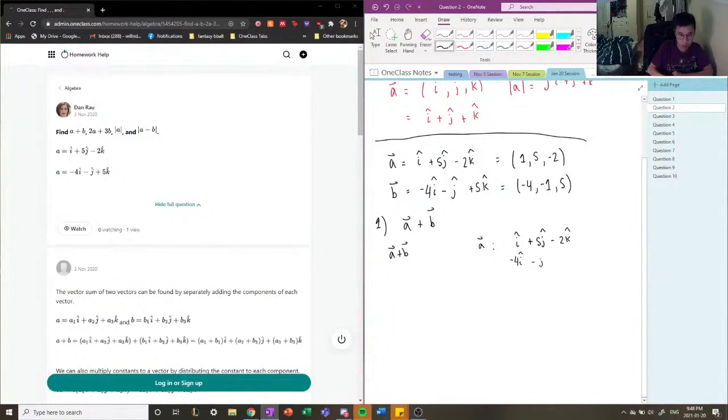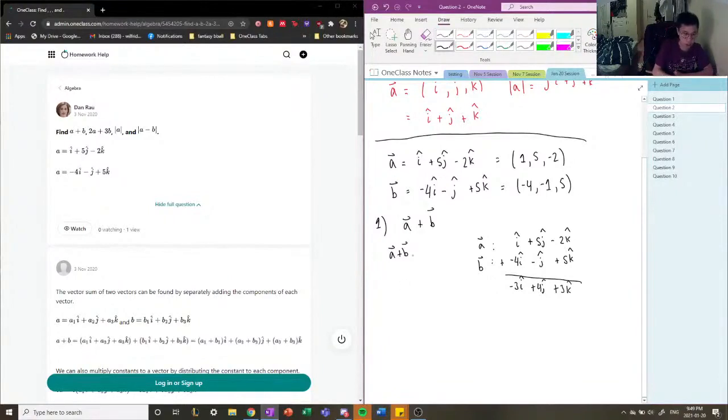We're not going to add them all together, we're going to add them separately. So we put an addition sign, and we add them. i minus 4i is negative 3i. 5j minus j is 4j, and negative 2k plus 5k is going to be 3k.